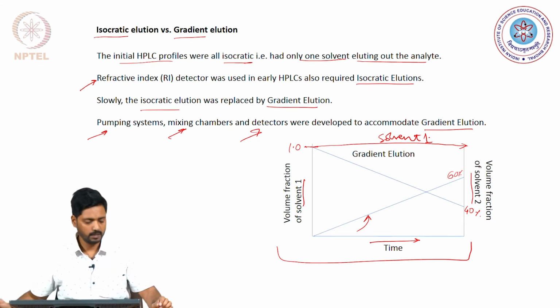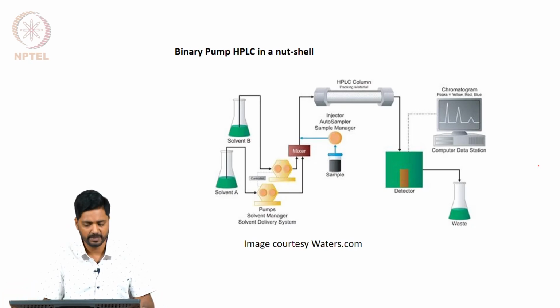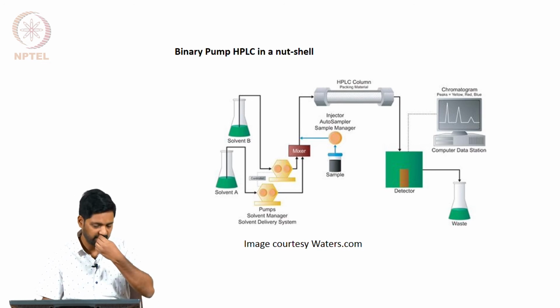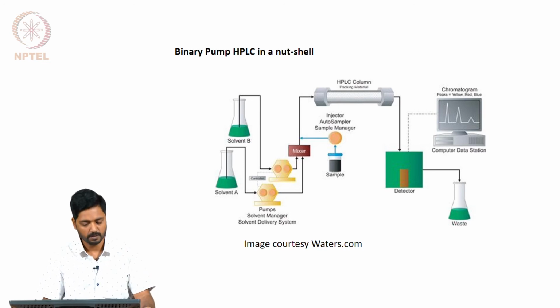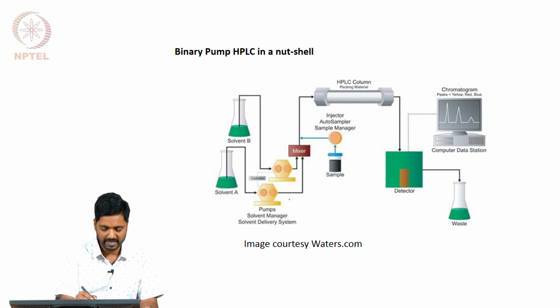chromatographic time. In the next slide, let us look at how the binary pump HPLC works, and this image has been taken from the website of waters.com, and what we have are two pumps in a binary system.